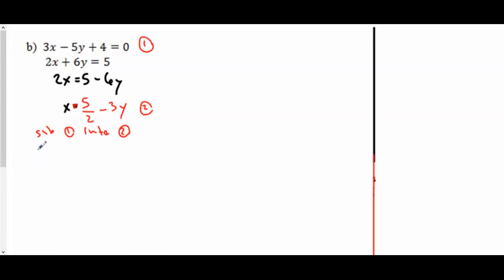Okay, that will mean I will have 3 times (5 over 2 minus 3y) minus 5y plus 4 equals 0. Like last time, I need to expand what's in the brackets here. So I'll have 15 over 2 minus 9y minus 5y plus 4 equals 0.